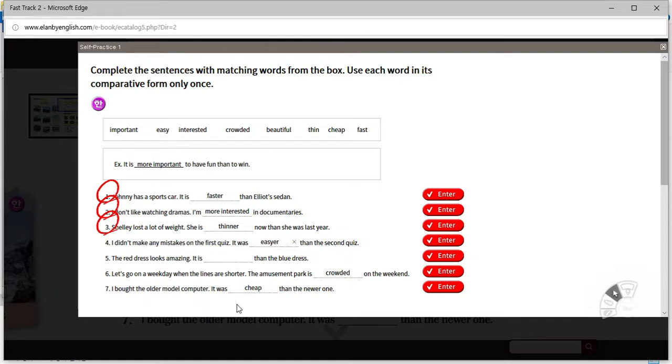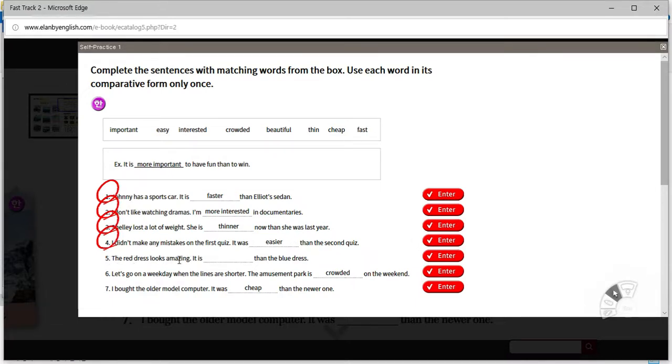Okay, and that looks funny. It looks like it says easier, which isn't quite the same. So we're going to take that Y and change it to an I. So 2 syllables ends in a Y. So the rule, if you have a 2-syllable adjective ends in Y, change it to an I, add an ER. Correct.